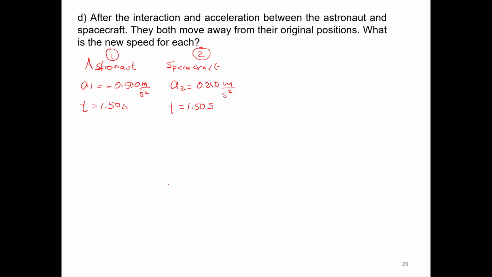Then if we assume the initial velocities for both were equal to 0, now we want to calculate the final velocity for the astronaut and the final velocity for the spacecraft. I need to write 1 and 2 to identify each of these final velocities.